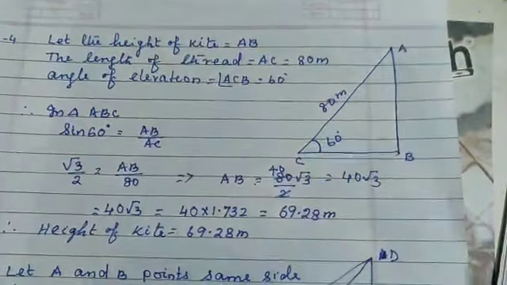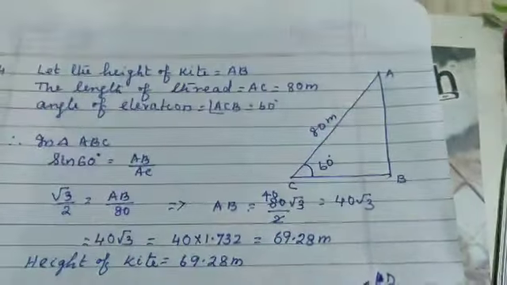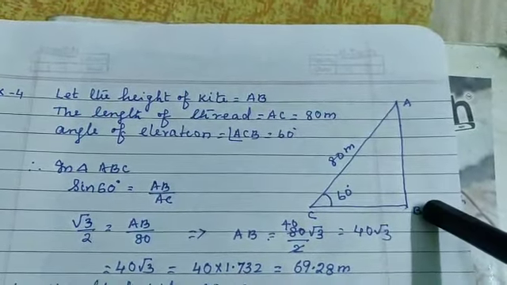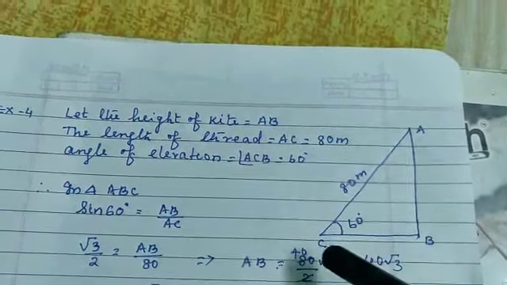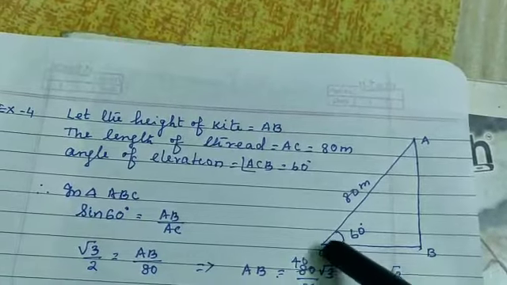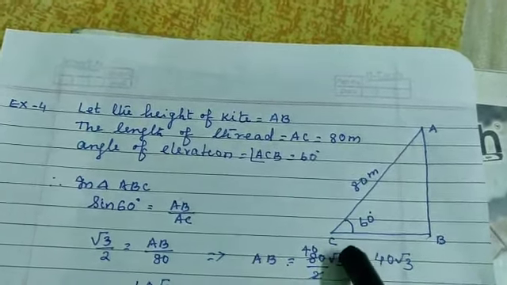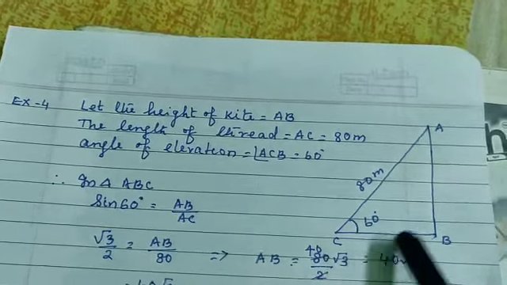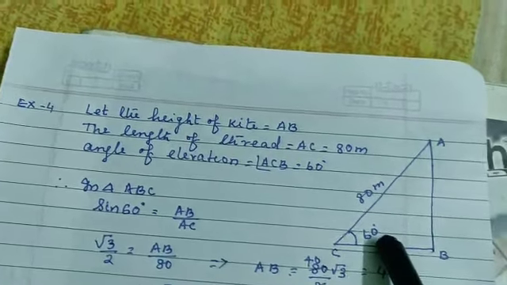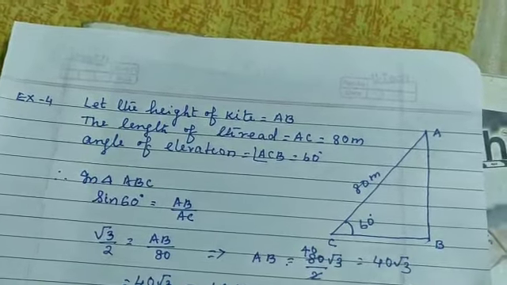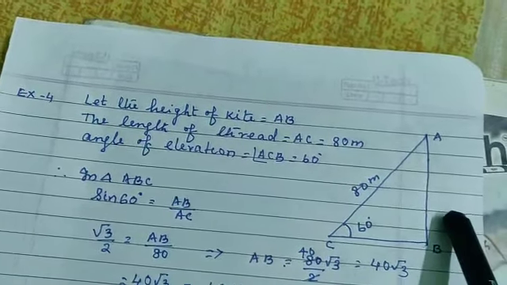So here we take the height of the kite as AB, and the length of the thread AC is equal to 80 meters. The angle of elevation ACB is equal to 60 degrees. We know AC and we have to find AB.